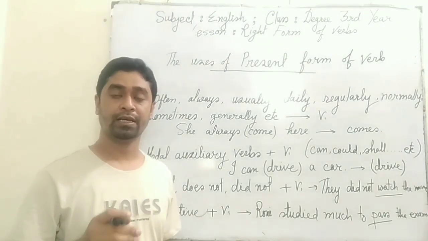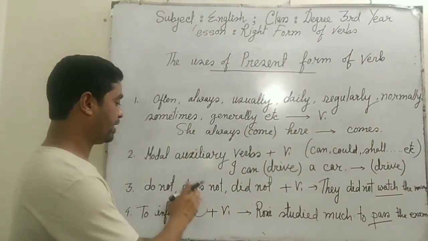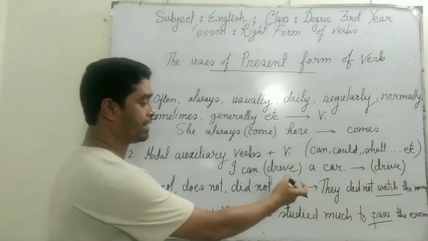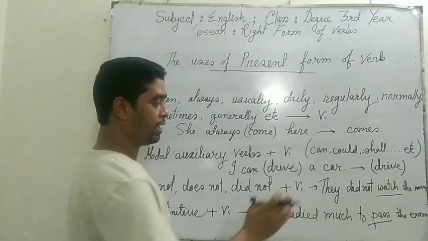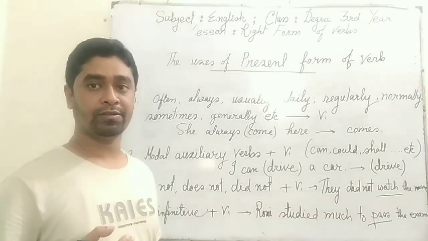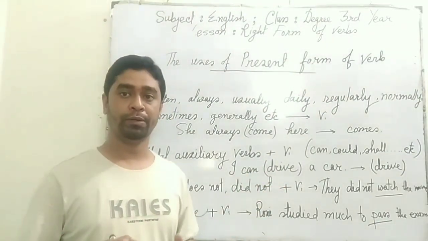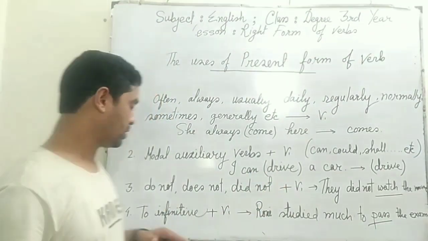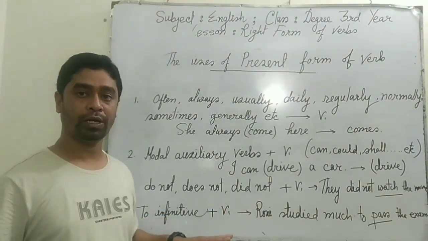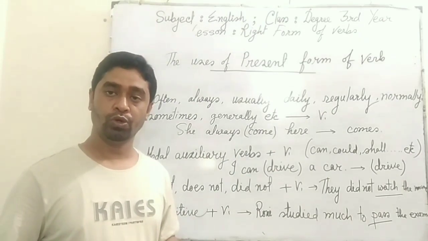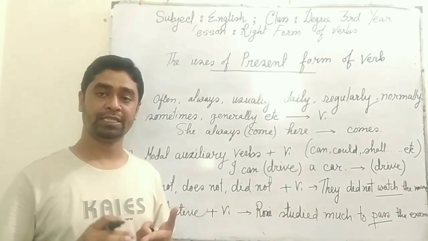Third, if in a sentence we find do not, does not, did not, then we will use the present form of the verb after do not, does not, did not. Like this, they did not watch the movie. Here we find did not. So in this sentence the verb will be present form. The last, to infinitive plus V1. We know what to infinitive is. Infinitive means to plus verb.